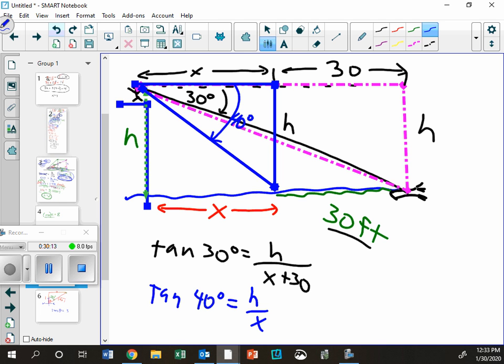From here, you just use your calculator to figure out what tangent of 40 is. Nobody knows that. And tangent of 30, you could look it up on the classic triangle, or just use calculator again. And you'll have to use substitution.